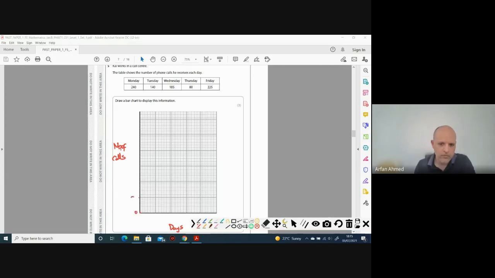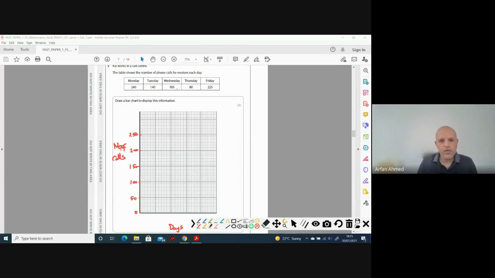For that one, I'd put 50. 100 for that. 150. 200 and 250 for that. So I've got 10 little squares in there. That would be 5 for each one. This will make our graph nice and neat. I'm not having to work out half a square or any nonsense like that.